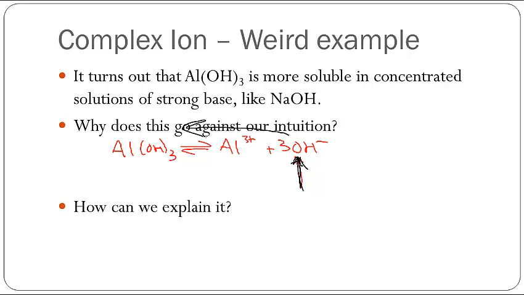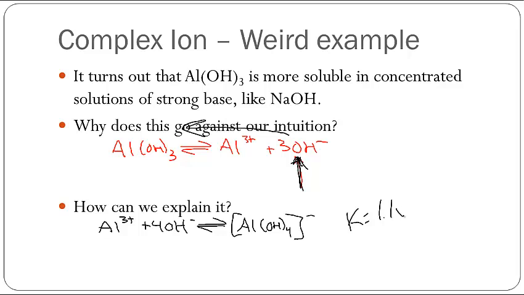So what actually happens is we have this same first reaction, but then we have aluminum reacting with 4 OH- and making that complex ion. And remember, this K is 1.1 times 10 to the 33rd.